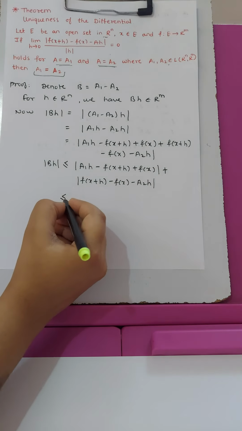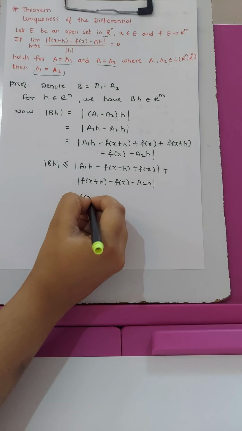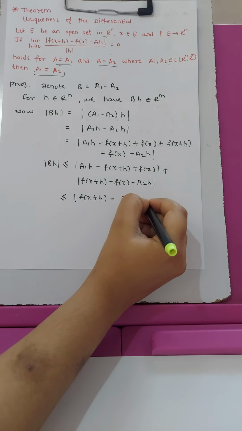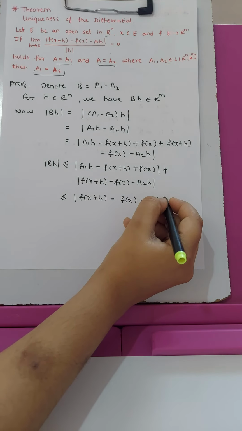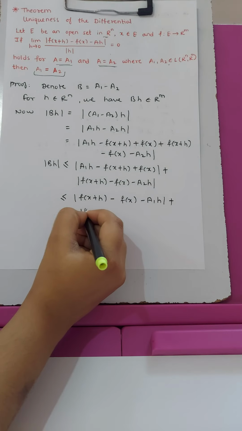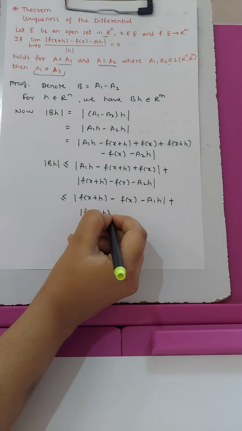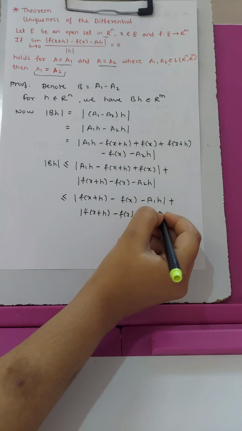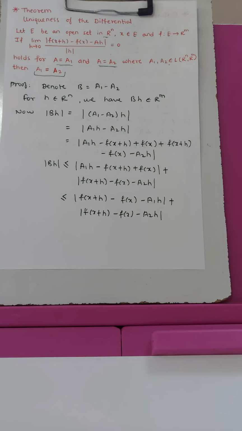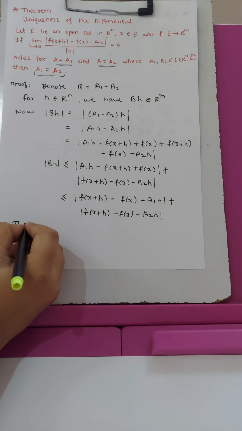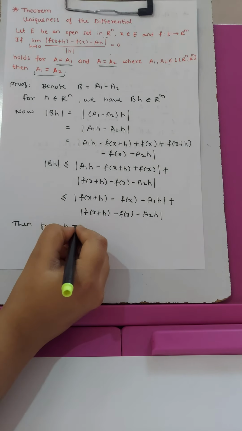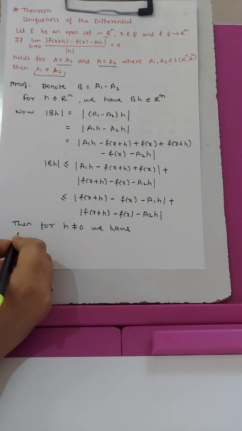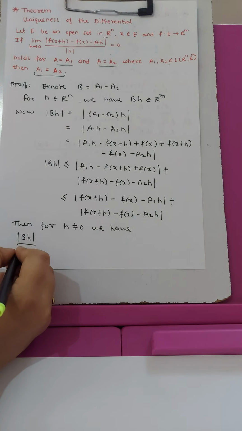Just rearranging the terms, we get mod of f of x plus h minus f of x minus A1 of h, plus mod of f of x plus h minus f of x minus A2 of h. Now for h not equal to 0, we have mod of Bh upon mod h.